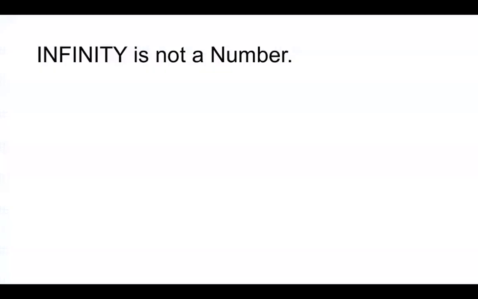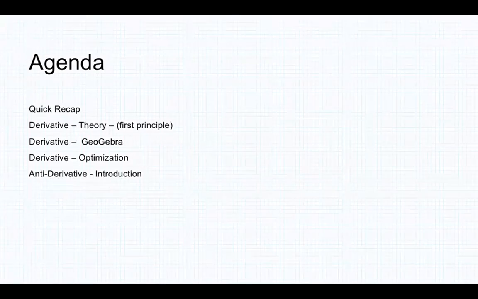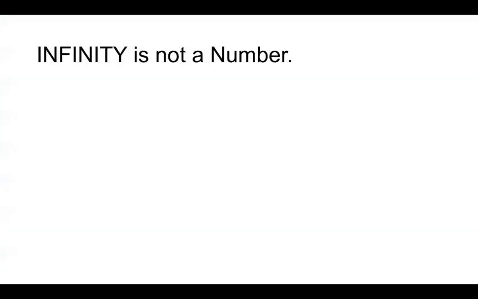Let me move on. Before we start the topic derivative, I got this question earlier. People were asking, for example, why infinity minus infinity doesn't give zero, why don't we simply say that this is zero, or maybe infinity over infinity, why it's not equal to one?